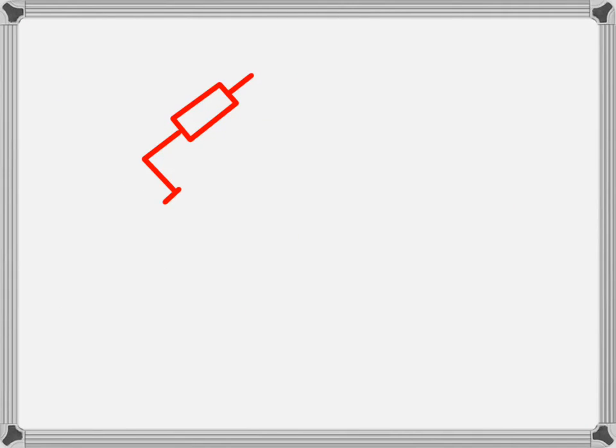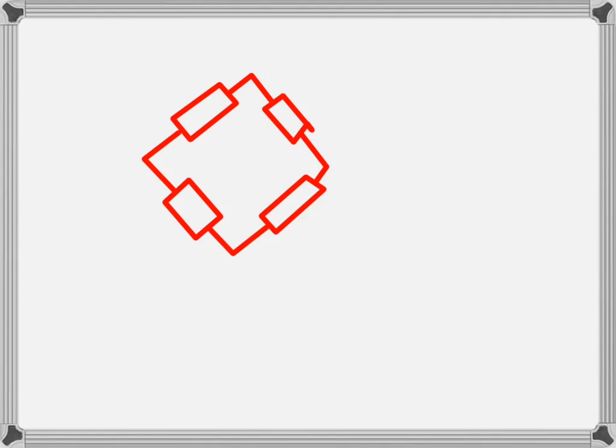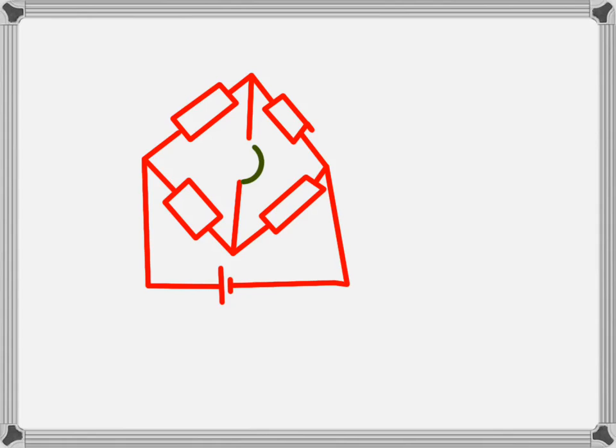Now this bridge, actually we're using a bridge method. It's called Wheatstone's bridge. And you have 4 resistances connected across the 4 arms of a quadrilateral, as you can see on the board. And what you have in the center is a galvanometer, which is a very sensitive instrument. So the resistances are R1, R2, R3, and R4. The directions of current are as shown in the figure.